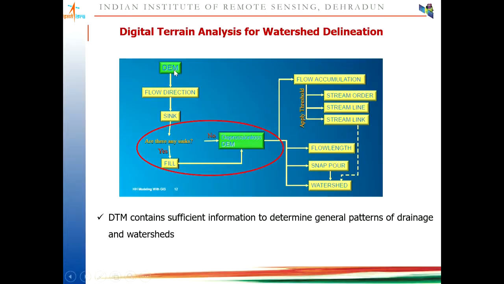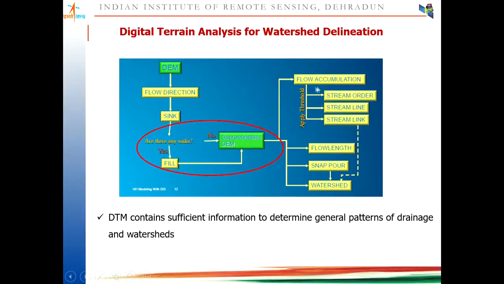So take the DEM, prepare the flow direction map, prepare the sink map, which is the process of correction, and fill wherever there is any sink. If there is a gap area, then you can fill it. If there is no gap or depression area, you can process the digital elevation model further.